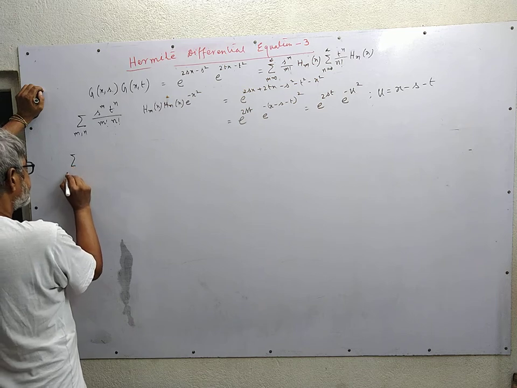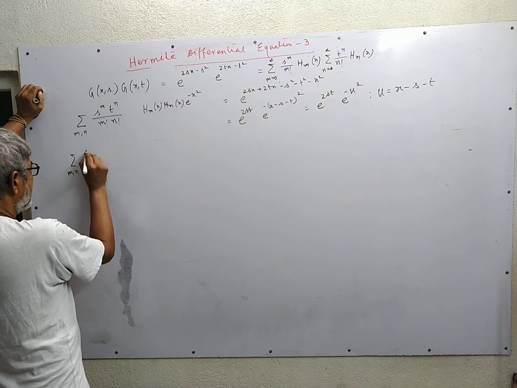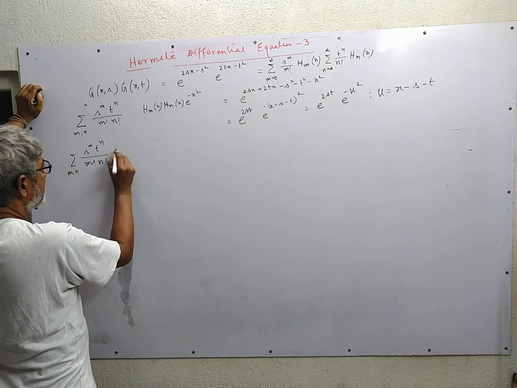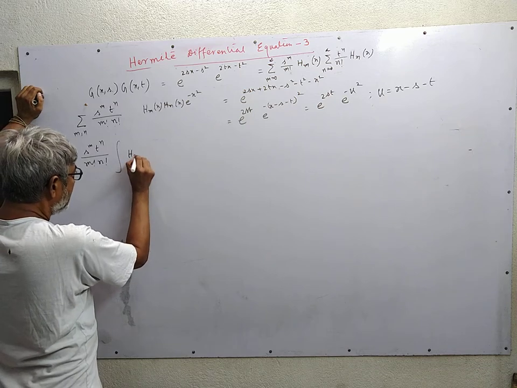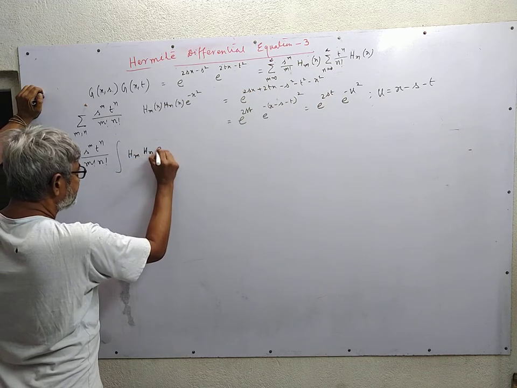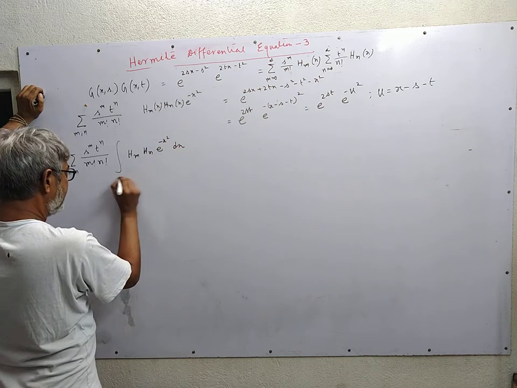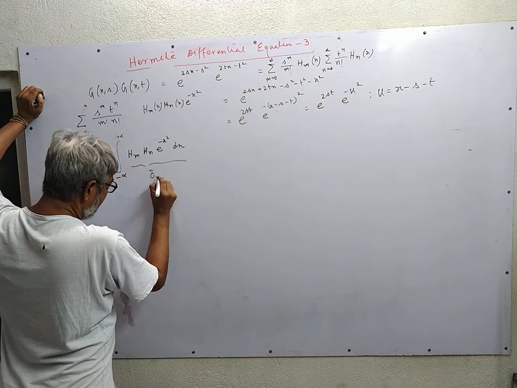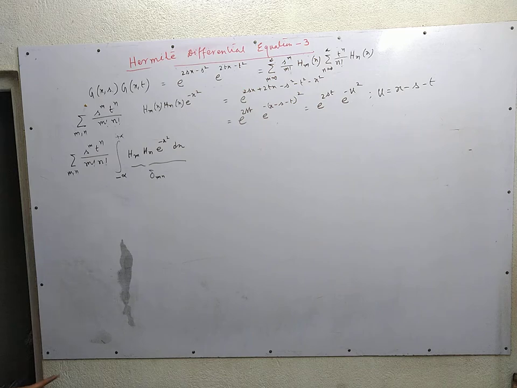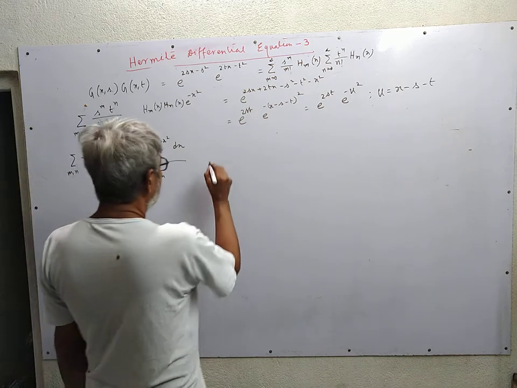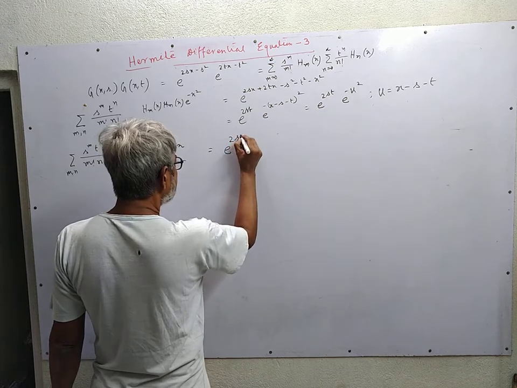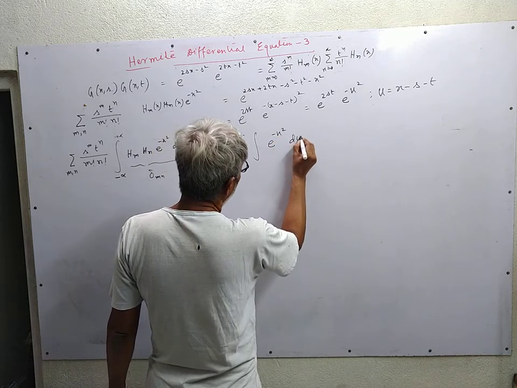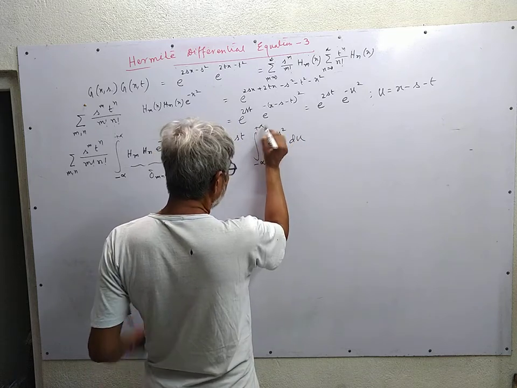On the left we have the integral of Hm Hn e to the power minus x square dx from minus infinity to plus infinity. This part is delta mn, as we have already seen, and e to the power 2st is out of the integration, and we will have the integral of e to the power minus u square du from minus infinity to plus infinity.